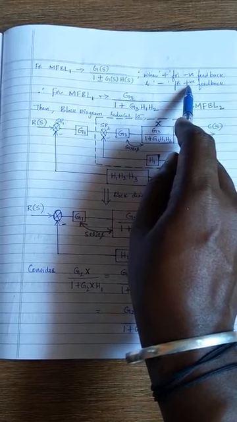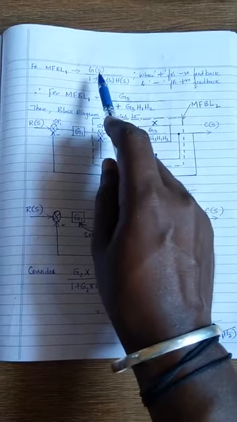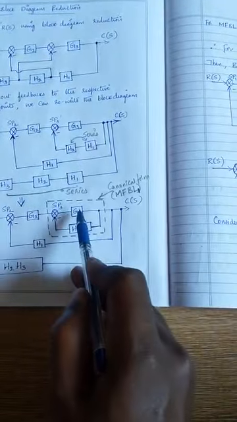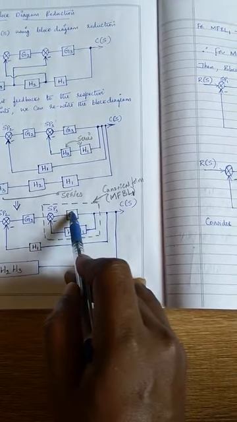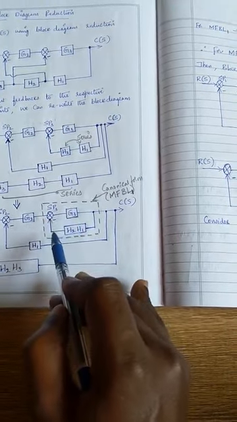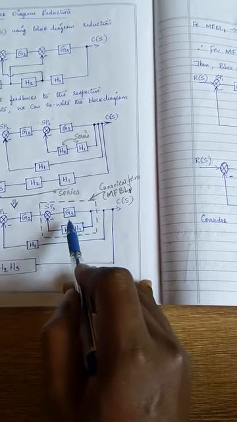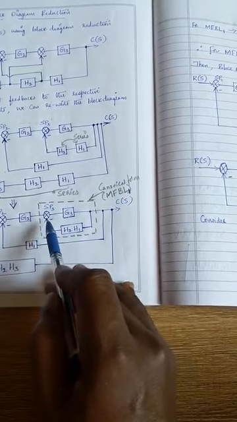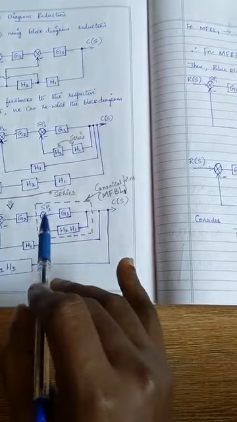Now let us see how for MFBL1 we can write in this form. These are the G of s, these are the H of s. In place of G of s we have G3, in place of H of s we have H1 H2. The feedback is negative, so it should be 1 plus G of s into H of s.